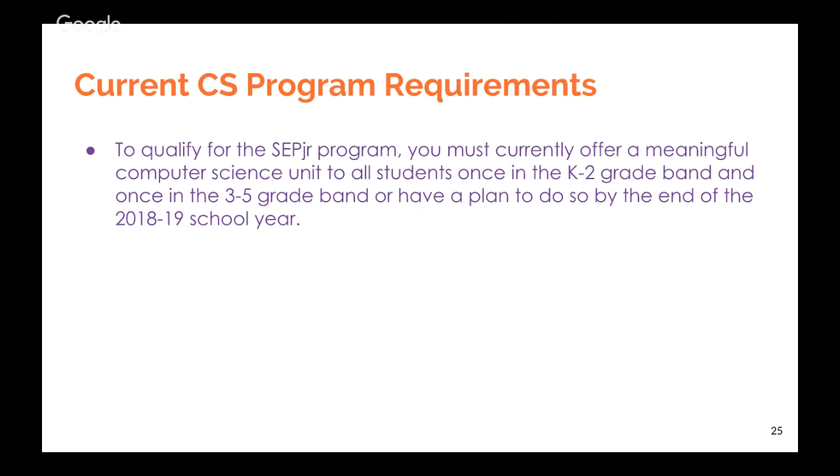Based on that experience, they want to go deeper into computer science with their school. And for schools that are not currently implementing computer science, even though SEPjr might not be the right start for you, the CS for All office will provide opportunities to help you get there if in the next cohort, maybe not cohort 3 but cohort 4, you would like to apply to SEPjr then.